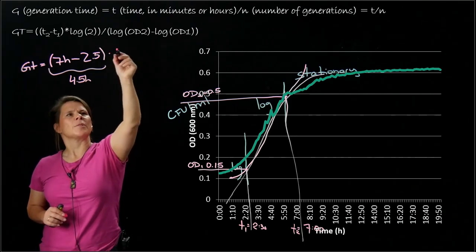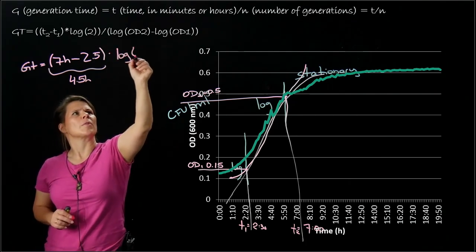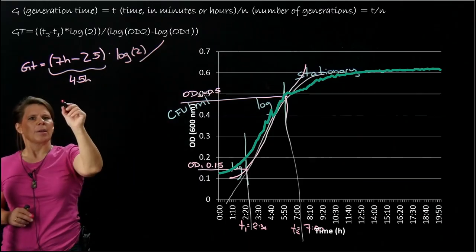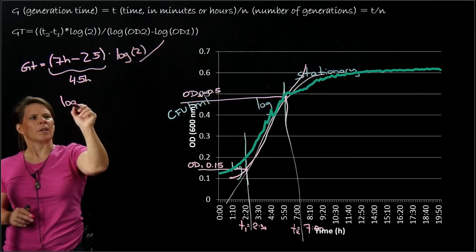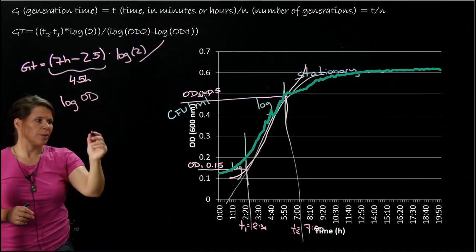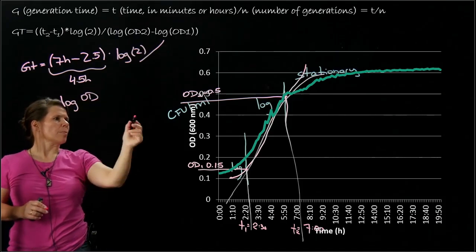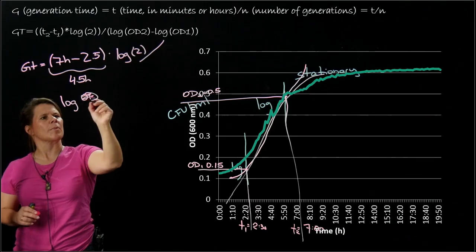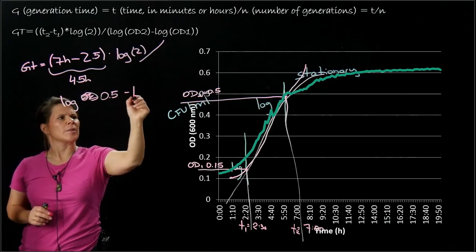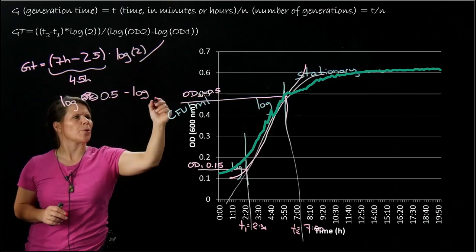Then we multiply this by log 2 and divide this by the log of the optical density 2, which is 0.5, minus log of 0.15.